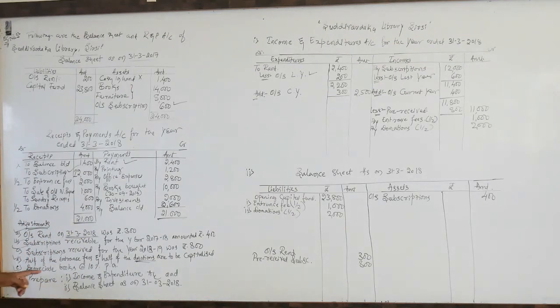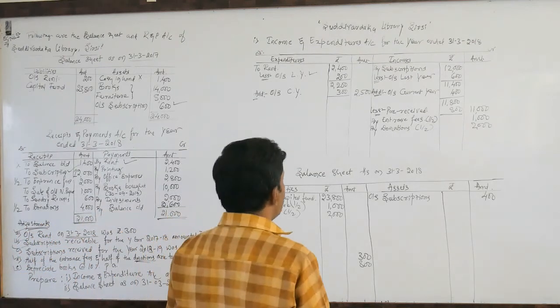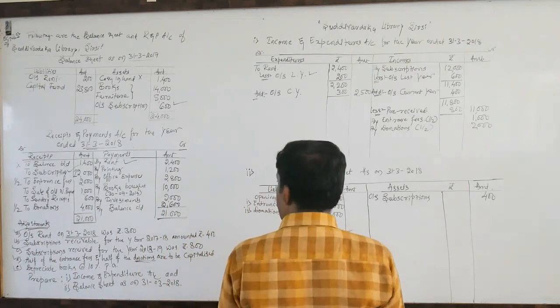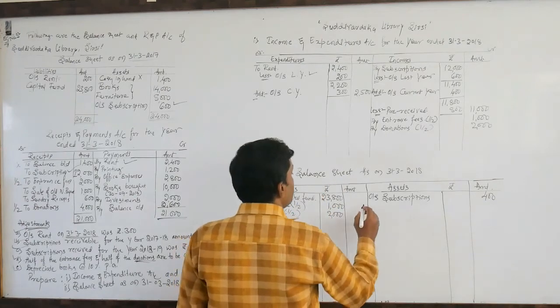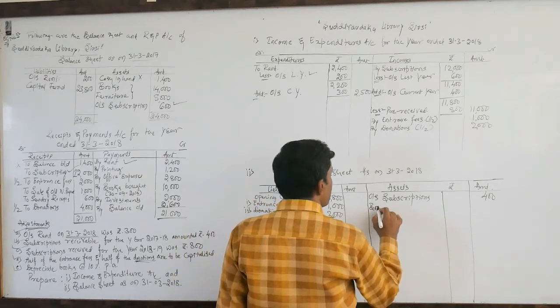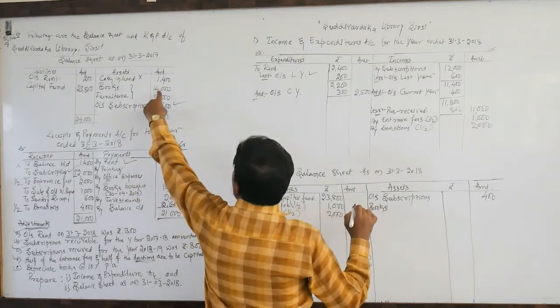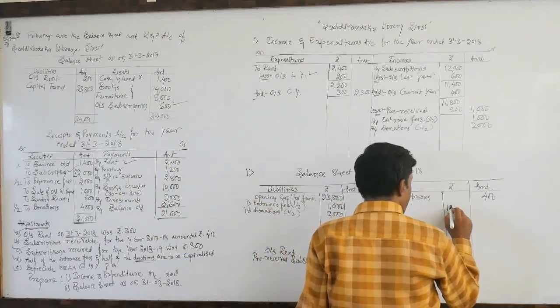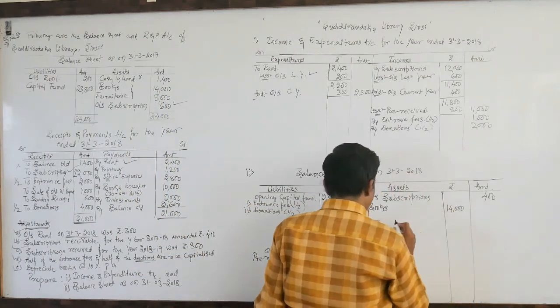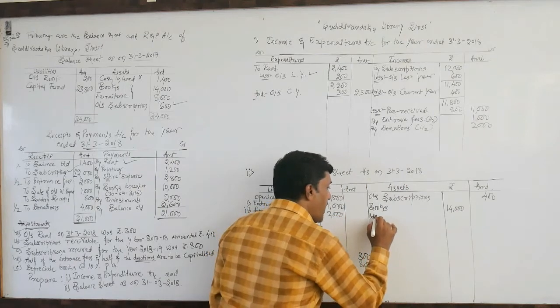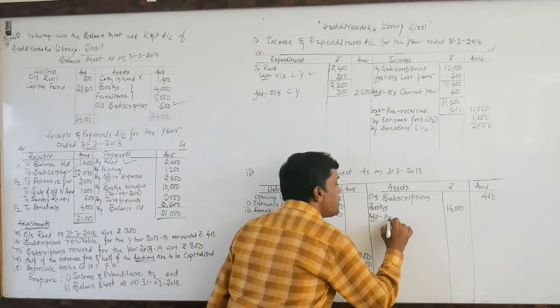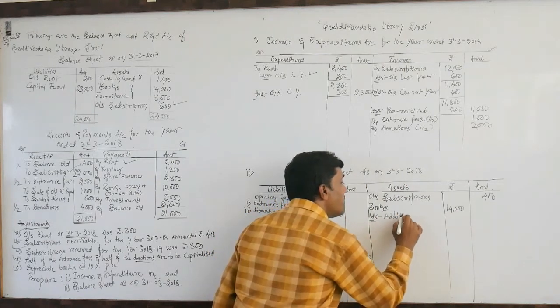Last adjustment, depreciate books at 10%. I have already dictated, dear students, we have already discussed. Look here, books, opening books 14,000, additions during the year.